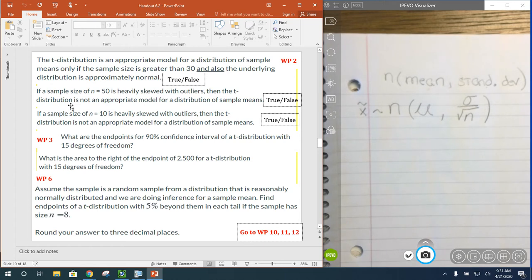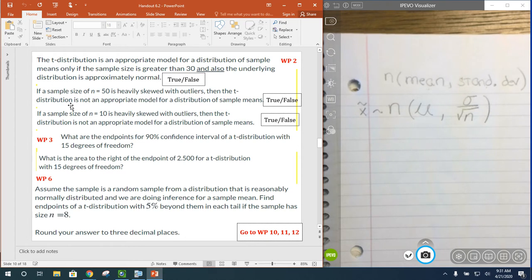If we would normally talk about this, then we would say that I can use this model. Well, this is not an appropriate model. So it is false to say that this is not an appropriate model, because it is an appropriate model if you have an n size greater than 30. So the answer here again would be false for the second one.